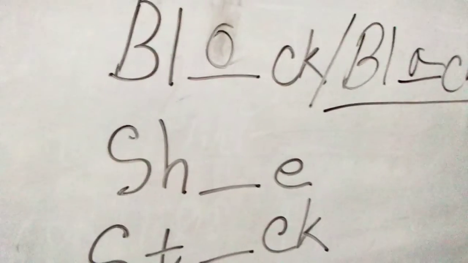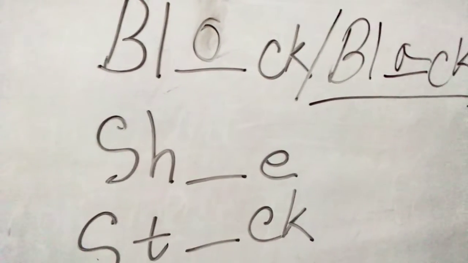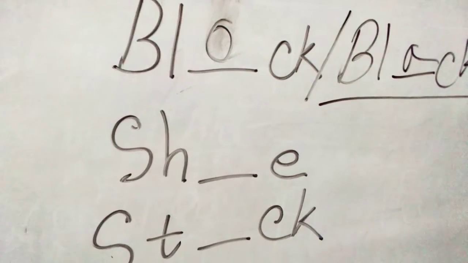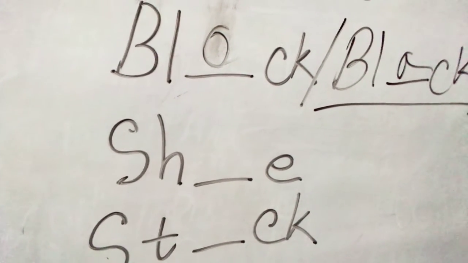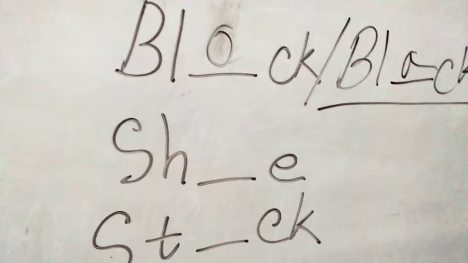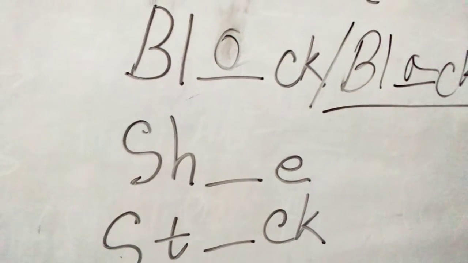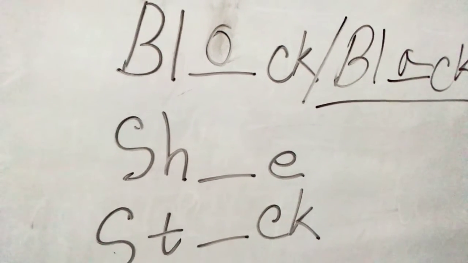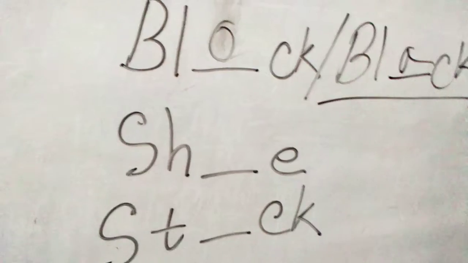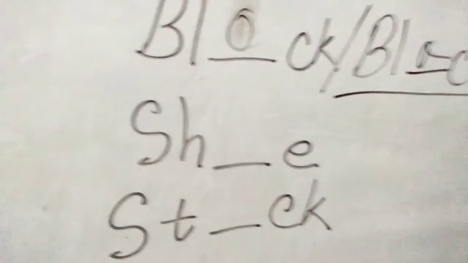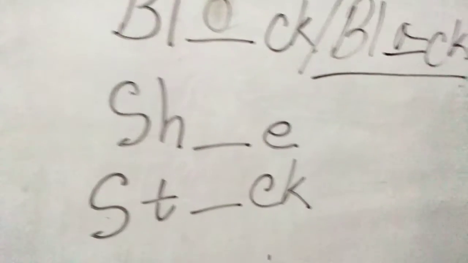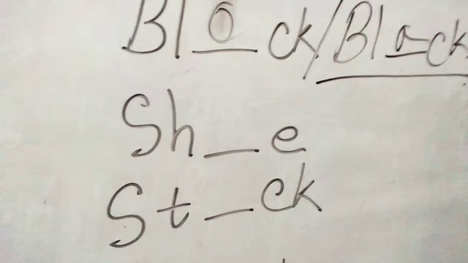Now coming to the next one, SH-E. Try to put any of the vowels like A, E, I, O, U. One trick is for you: the missing letters will be vowels. That means the missing letter will be any one of the vowels like A, E, I, O, U. So all that you have to do is play with these vowels.